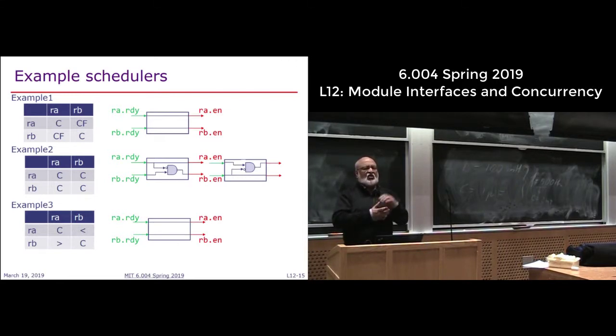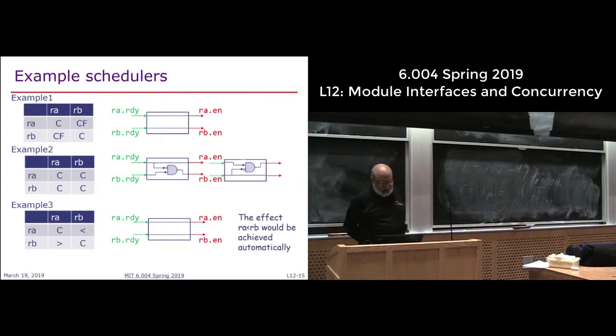It says, if these things are true, then it's okay to execute the associated rules, and so on. The effect of RB would be achieved automatically by the circuit I've already shown you.